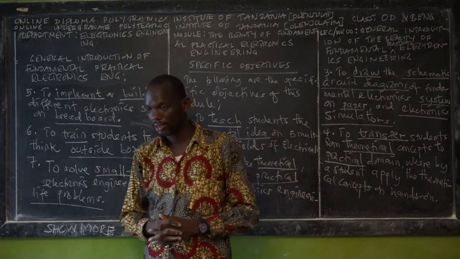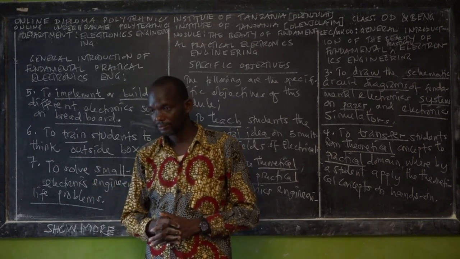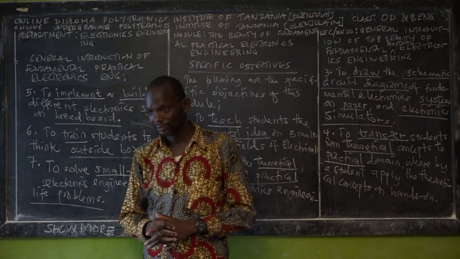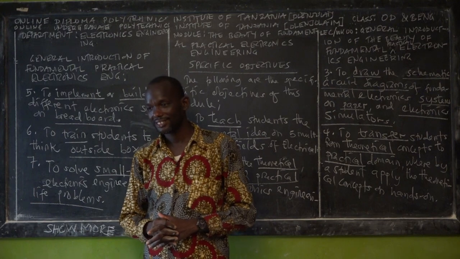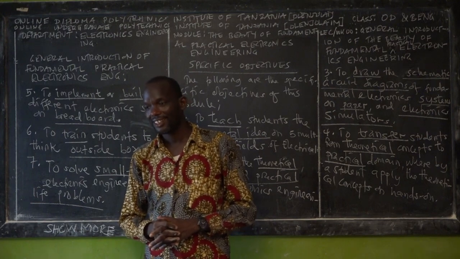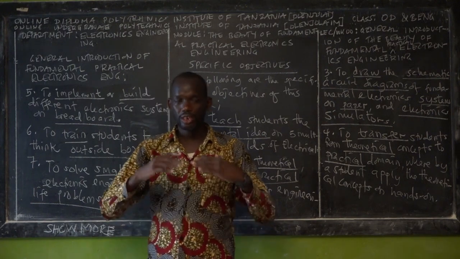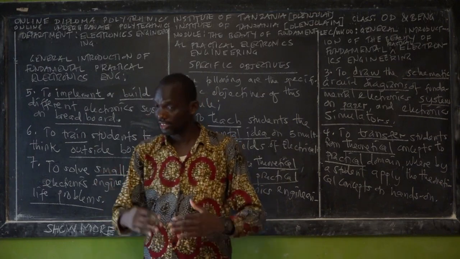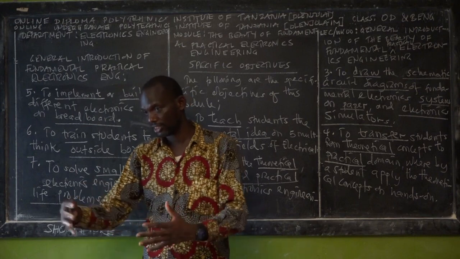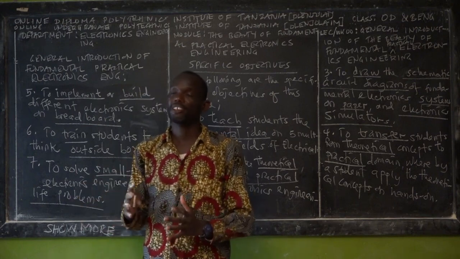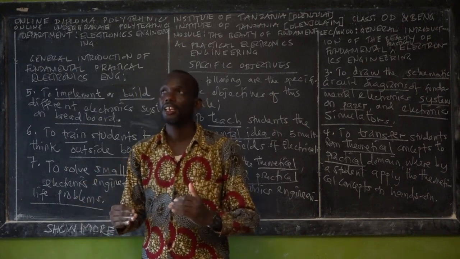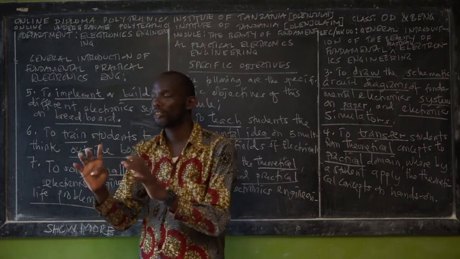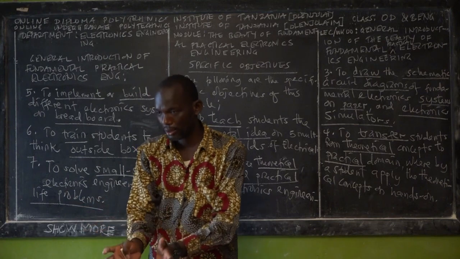So through this knowledge, which is based mostly on small scale, we'll be able to solve those. You can even solve intermediate small-scale problems. But when I say you can solve small-scale problems, it means the knowledge you have can help with some small-scale problems.